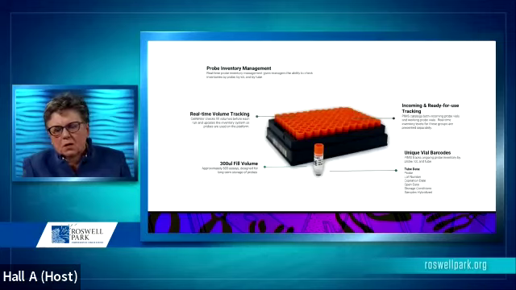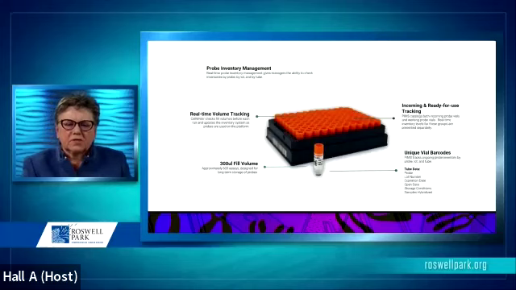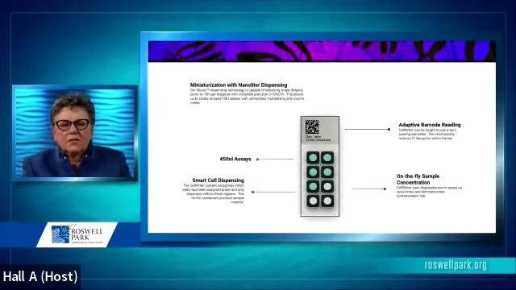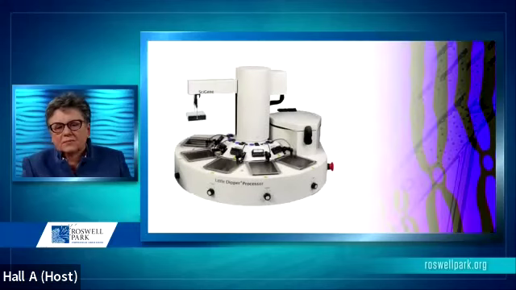It also will allow for probe inventory management and coding of slides. The nanoliter dispensing will also allow for the deposition of material with 8 different probes on a single slide.